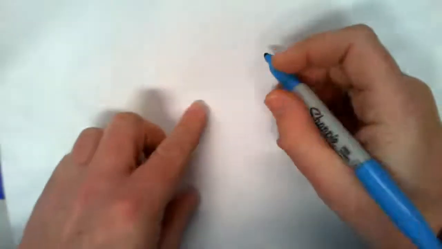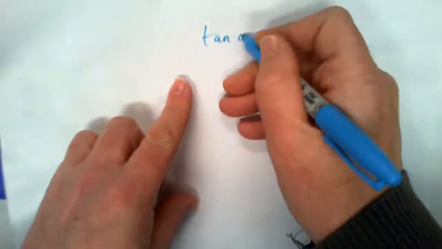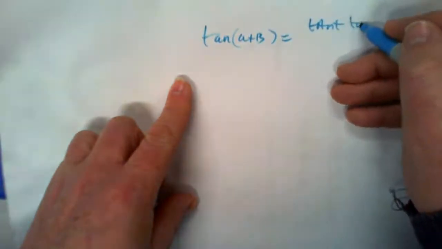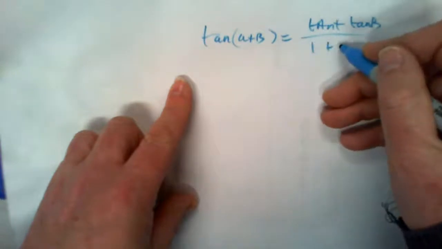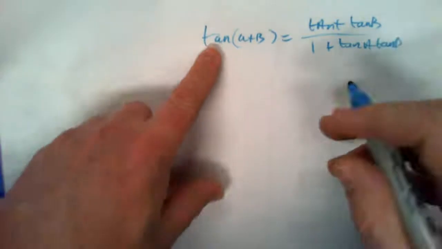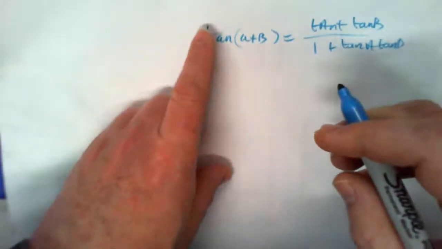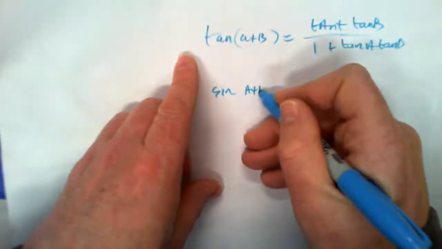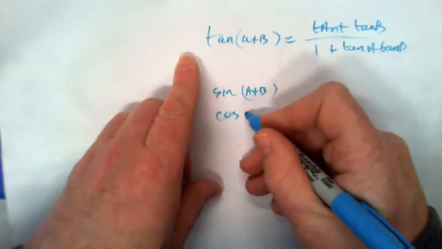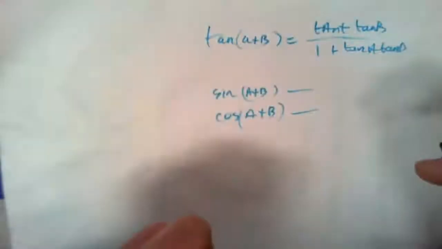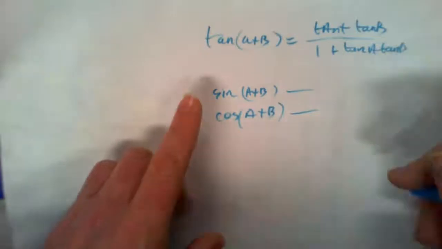And we've already proven, I think, in class, this one. Tan of A plus B is equal to tan A plus tan B over 1 minus tan A tan B. Tan of A plus B is the same as the sine of A plus B over the cos of A plus B. And then you're going to expand both of them out, and then it'll cancel down.